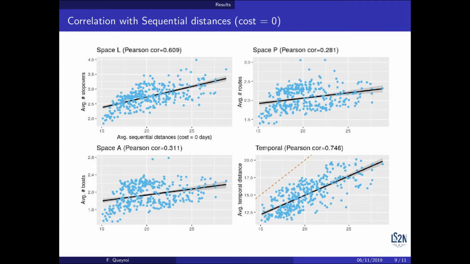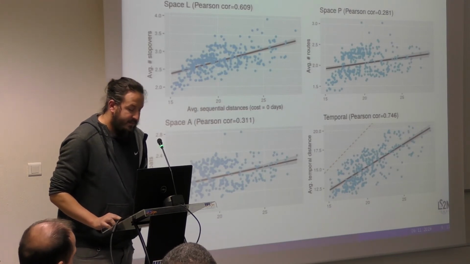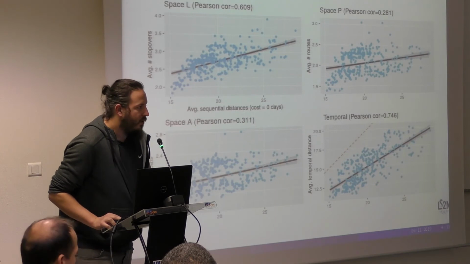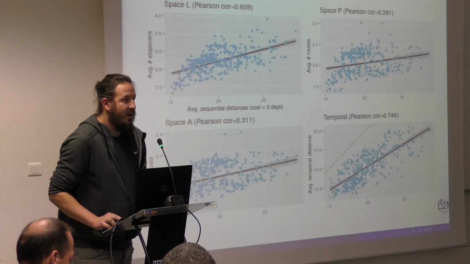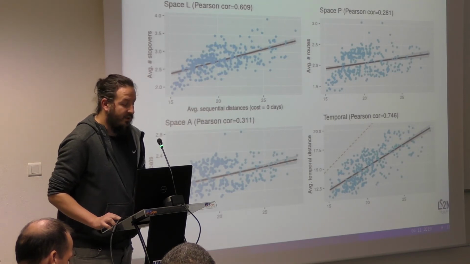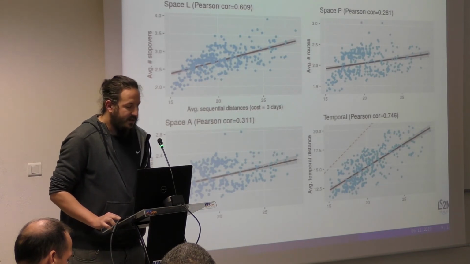against the sequential distance. The sequential distance here is on the x-axis, and we can see that with a cost of 0 for the stopover, the temporal distance is the best approximation for the sequential distance.